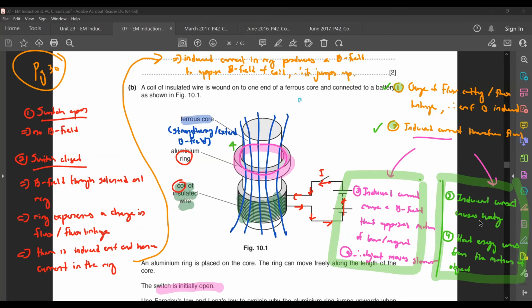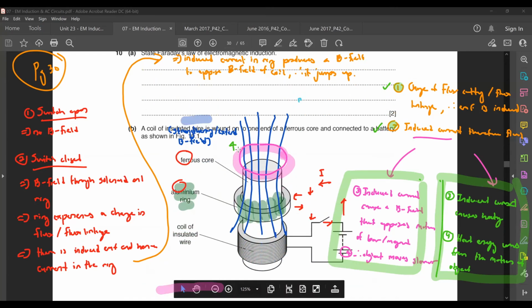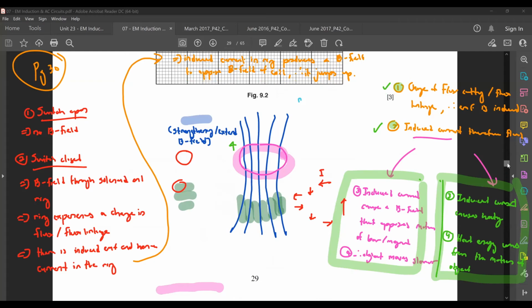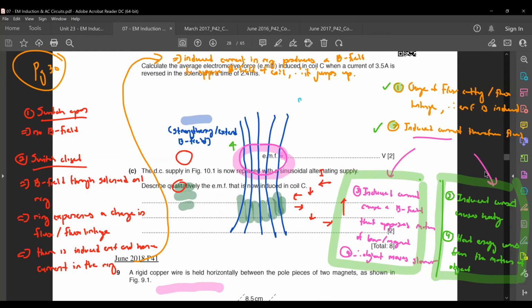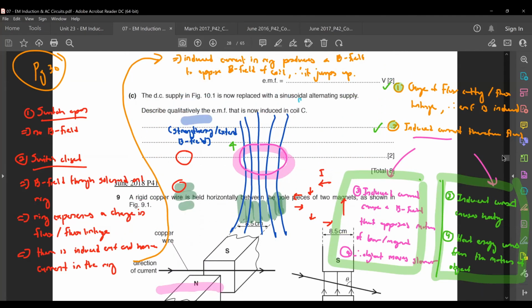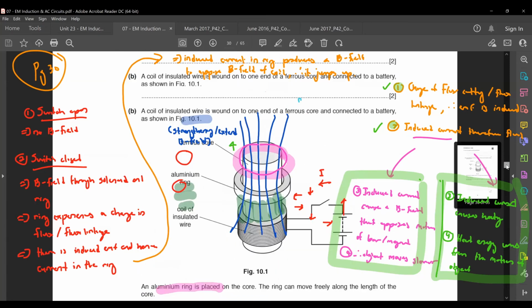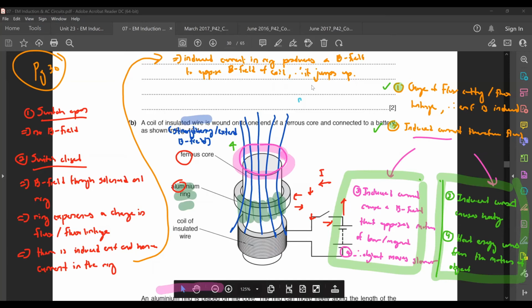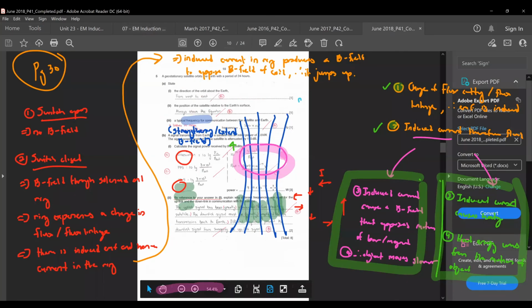Okay, so let me just open up the answer for you. This one is June 18, P41, I think. Let me give you the full answer first.